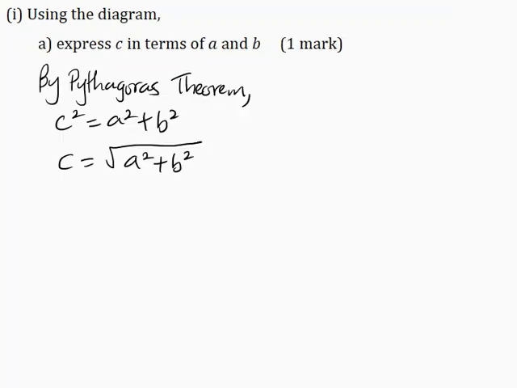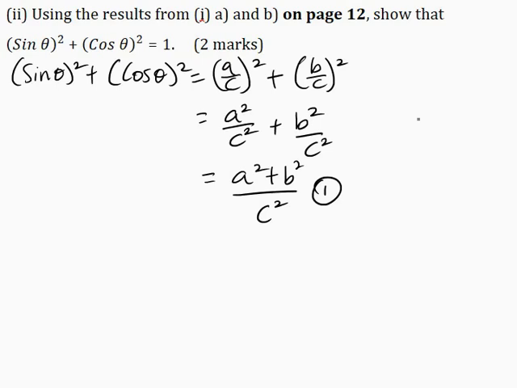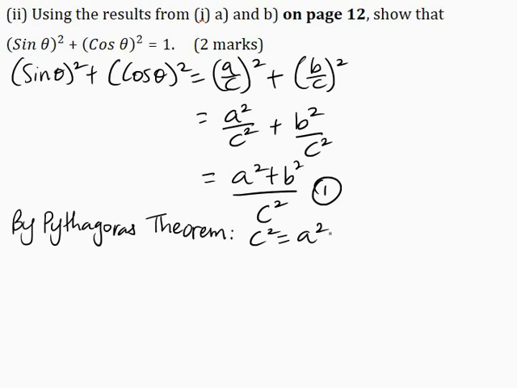Now, from part 1a, we learned that by Pythagoras Theorem, C squared is equal to A squared plus B squared. So, I'll write here, by Pythagoras Theorem, C squared is equal to A squared plus B squared, and I'll call this equation 2.